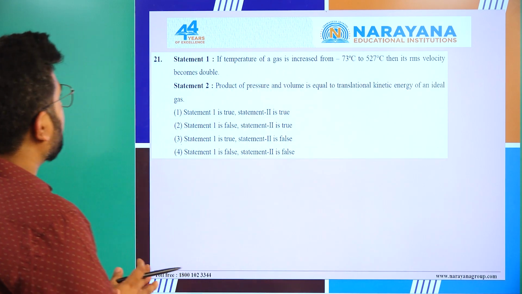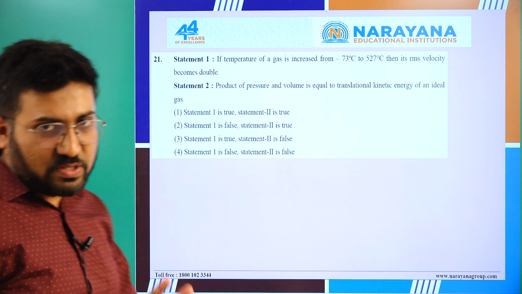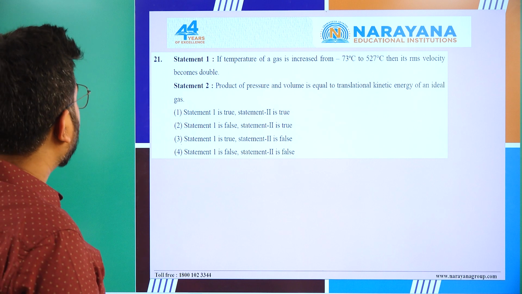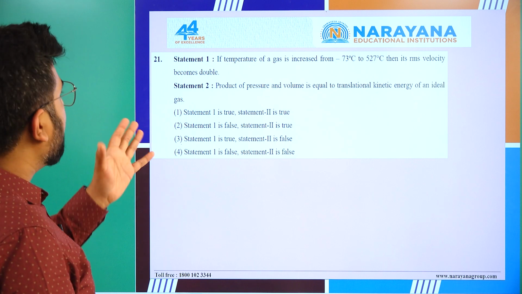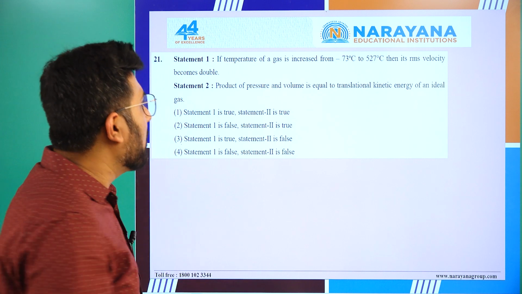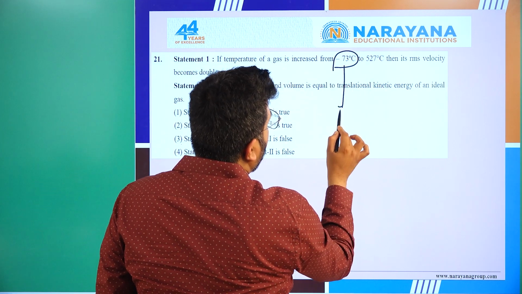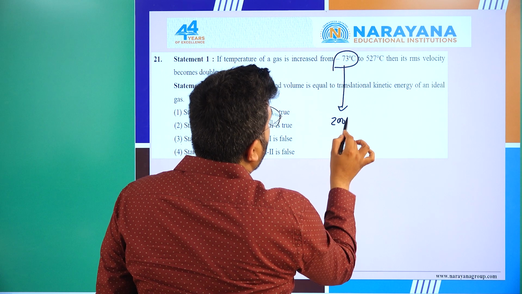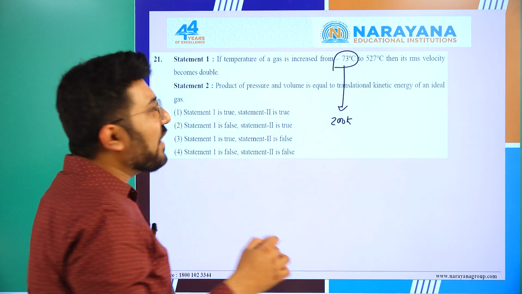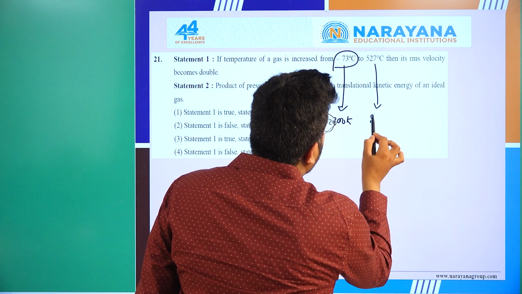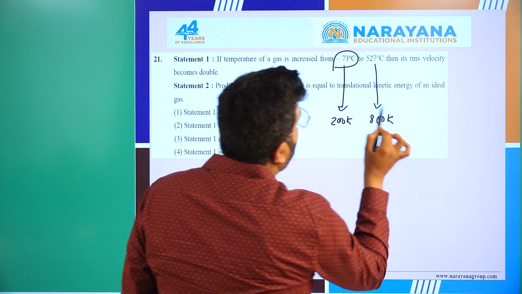What is given in this question? Again, it's a true and false type question where they have given to you 2 statements, and let's read the first statement then. The temperature of a gas is increased from minus 73 degree. So if I convert it into Kelvin, it will be 200 Kelvin, to 527 degrees. That means if I convert it into Kelvin, it will be 800 Kelvin.